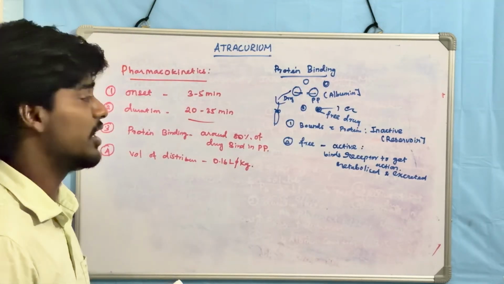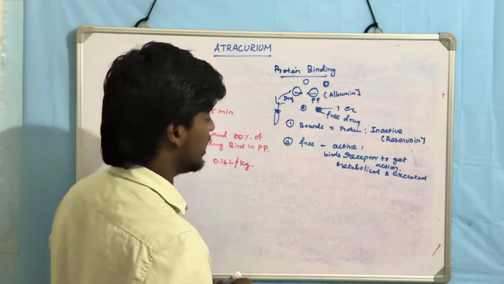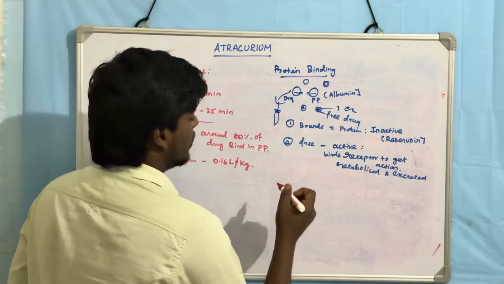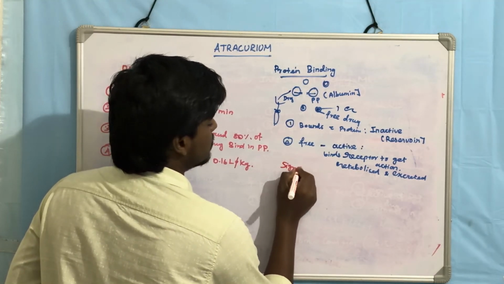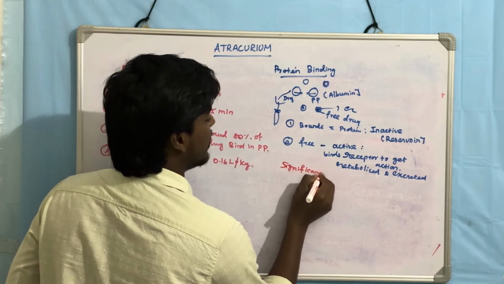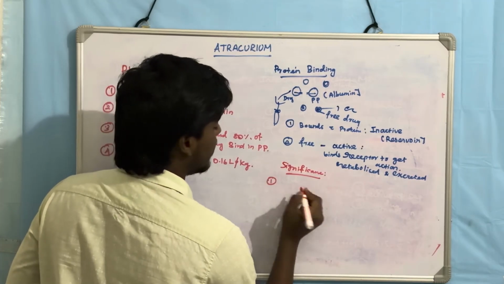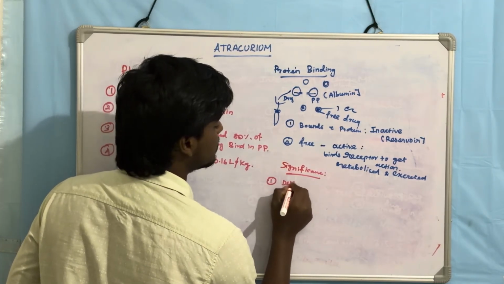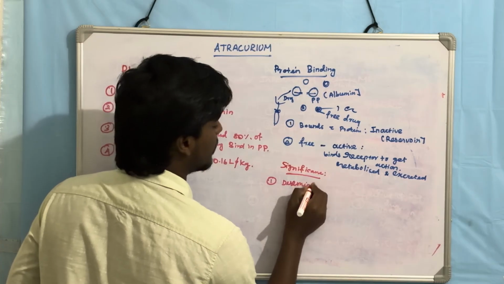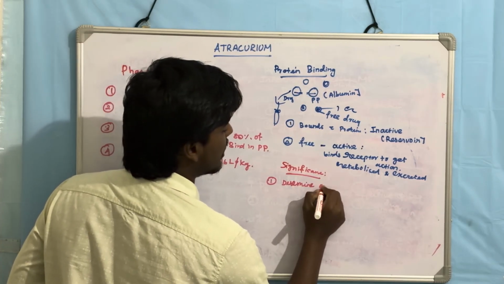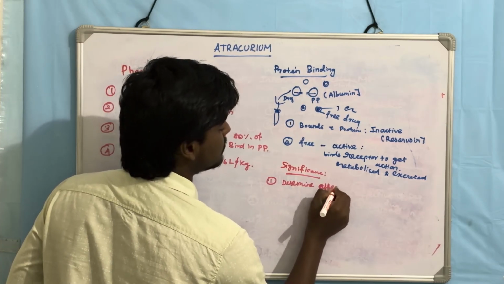So how is it significant? It is significant in three ways. What is the importance of protein binding in pharmacology? It determines the effect of the drug.